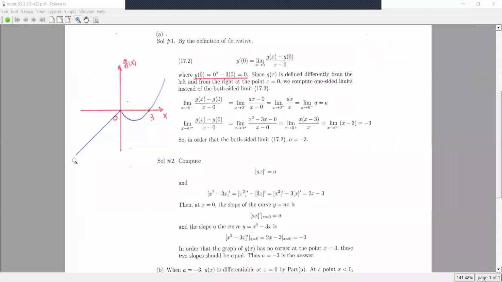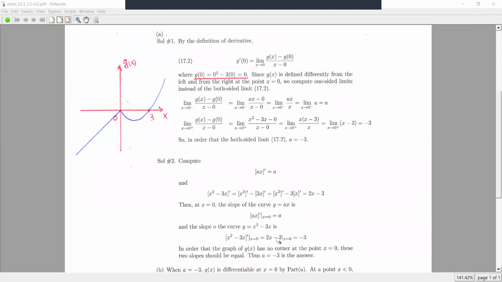Recall that when a graph has a corner at some point, at that point, the function has no derivative. So in order that the graph of the function g has no corner at the point 0, these two slopes should match.